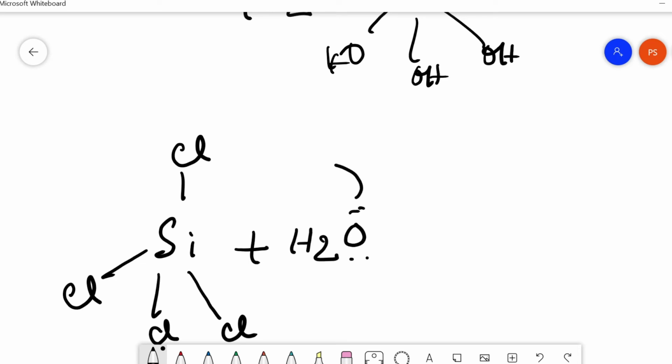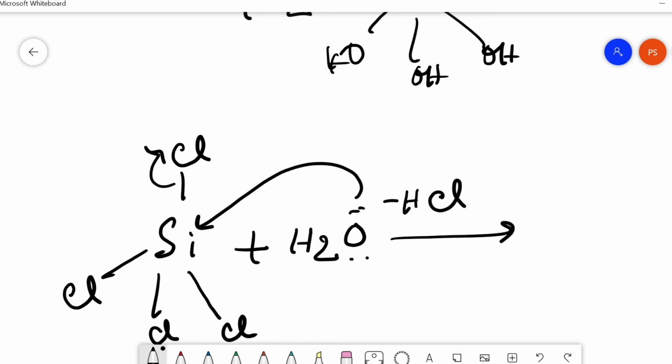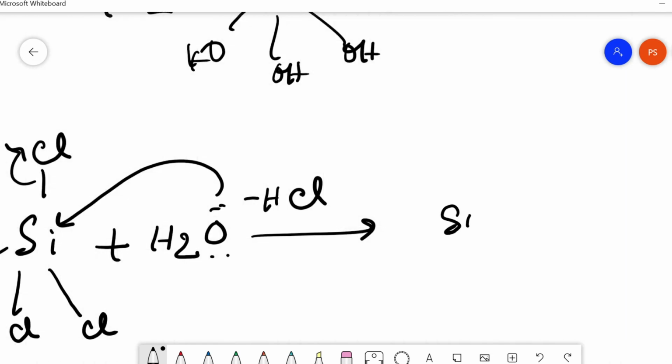Water has oxygen with a lone pair. The water attacks the silicon with its lone pair. Thus one Cl leaves with a hydrogen from water. So one HCl leaves the reaction medium, forming this compound.